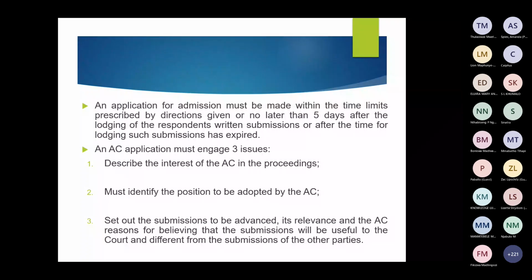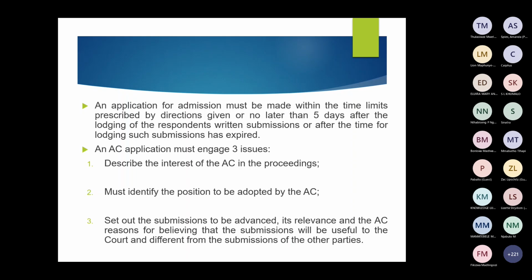That is very important. So you can't just piggyback on either the applicant's or the respondent's pleadings. Although you might show support for one of them, you can't just copy their arguments. Through your amicus curiae application or intervention, you have to bring something relevant and new to the court.